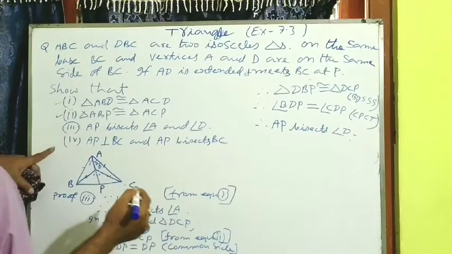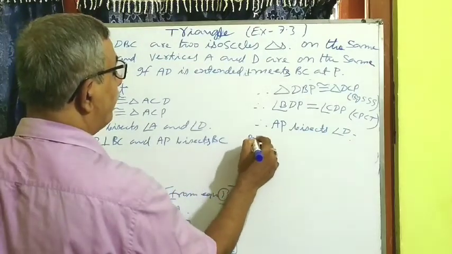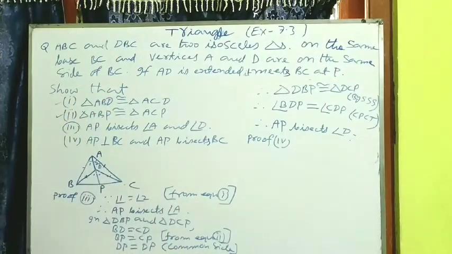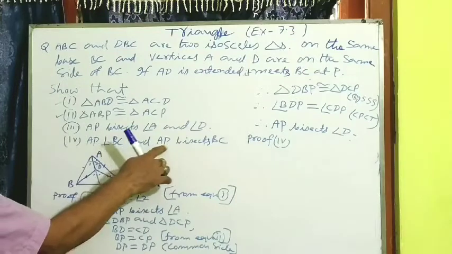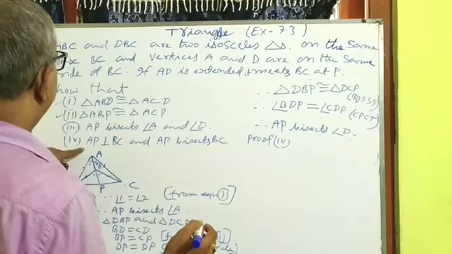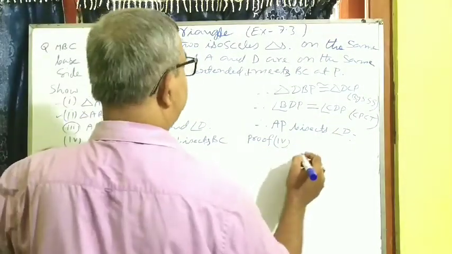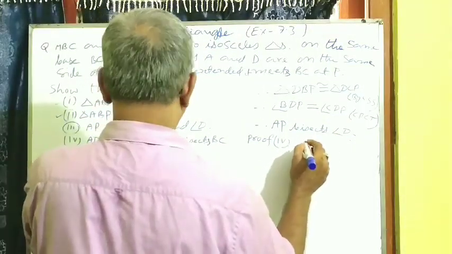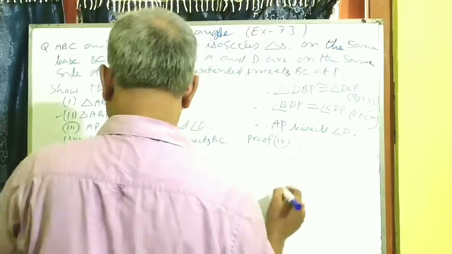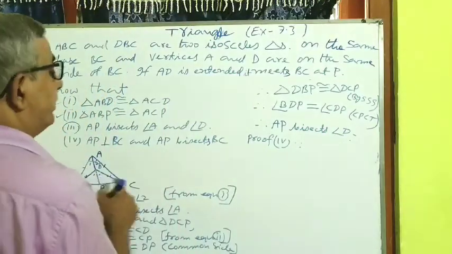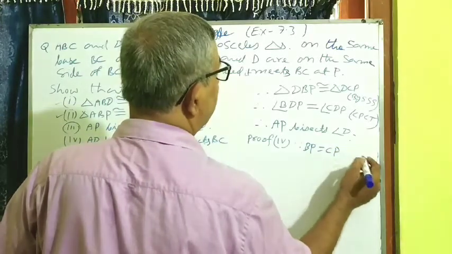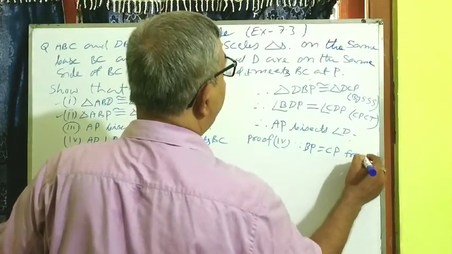Now proof 4. Proof 4 you see. What is that? AP bisects BC, that you have done earlier. Since BP is equal to CP, BP is equal to CP from where I have written?